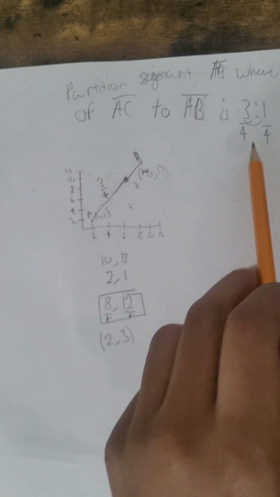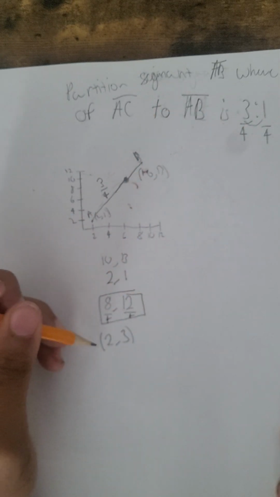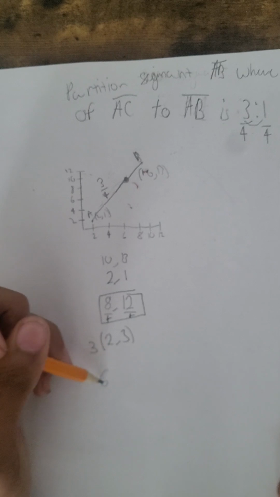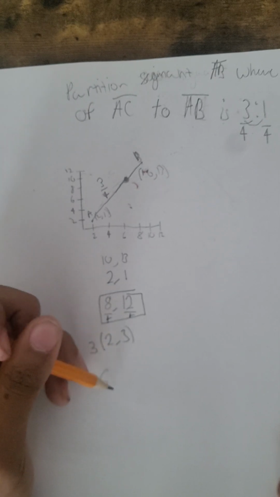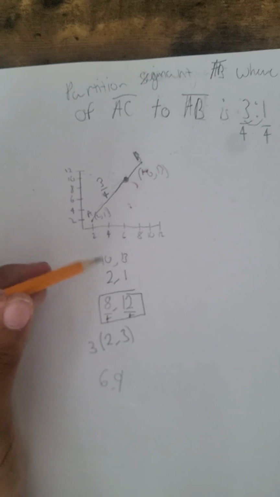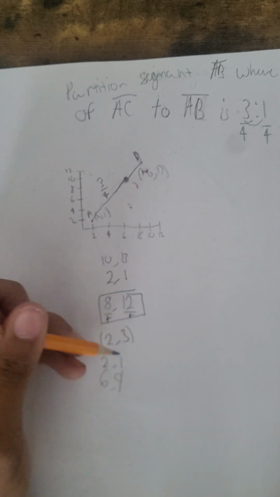Now, because it's asking us to partition the segment right here, 3/4, we have to multiply this value by 3. So 3 times 2 is 6, and 3 times 3 is 9. So 6 and 9. And we have to add this to our original value, 2, 1.